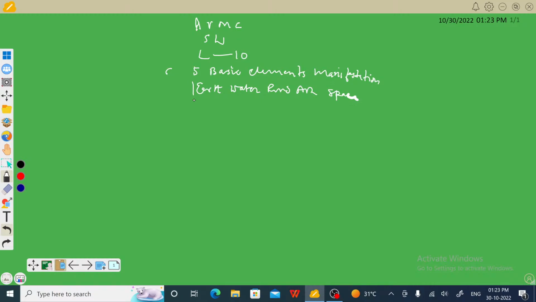The technical names are Prithvi, Apa, Tejas, Vayu, and Akash.